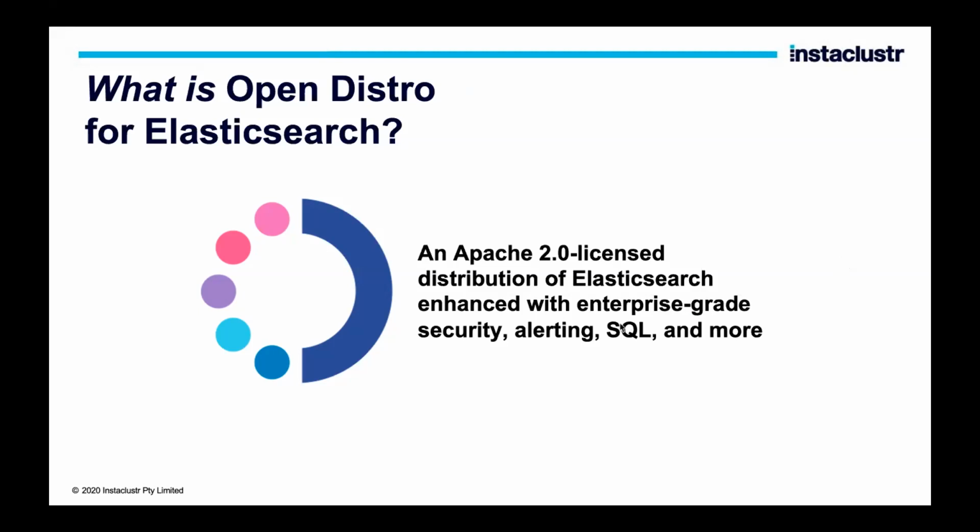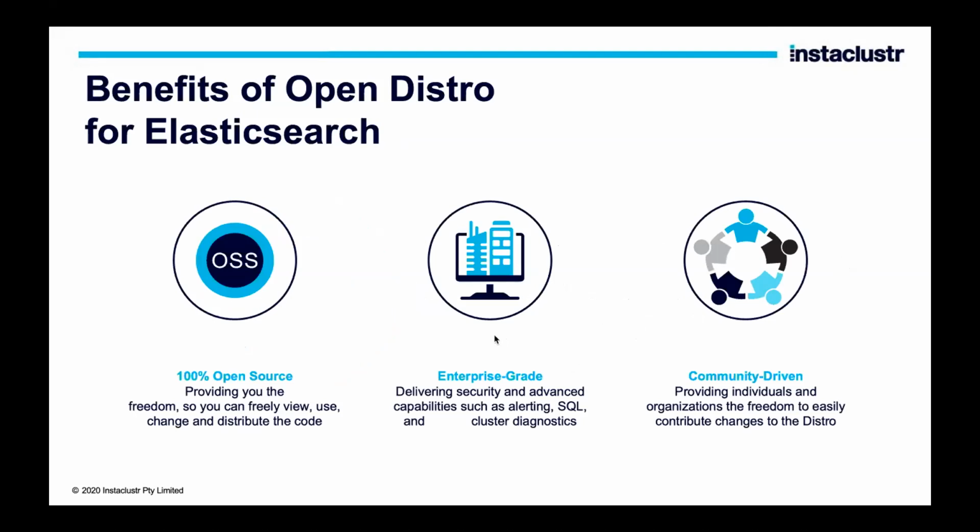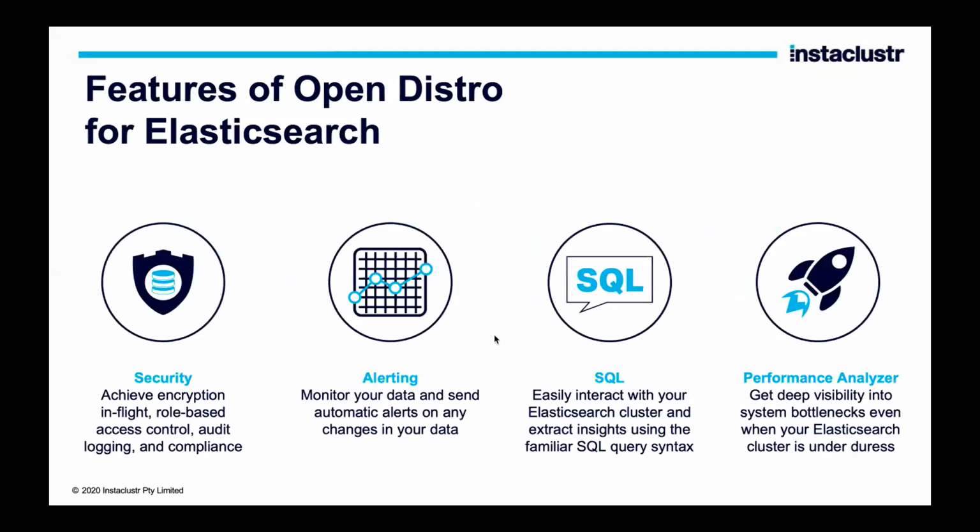It provides security, alerting, the performance analyzer and so on. There are many other features which are purely free of cost. You don't have to get any subscription, just download it.